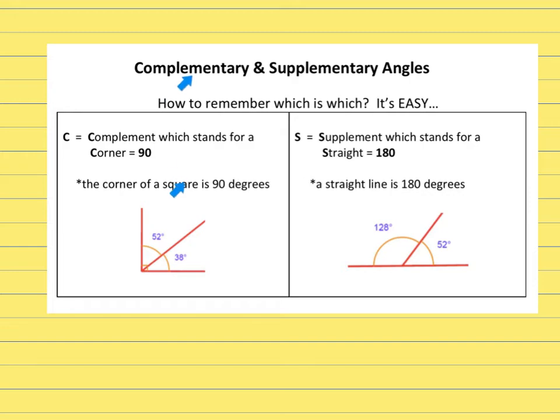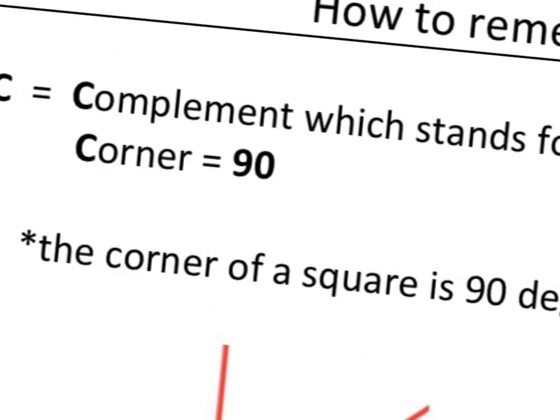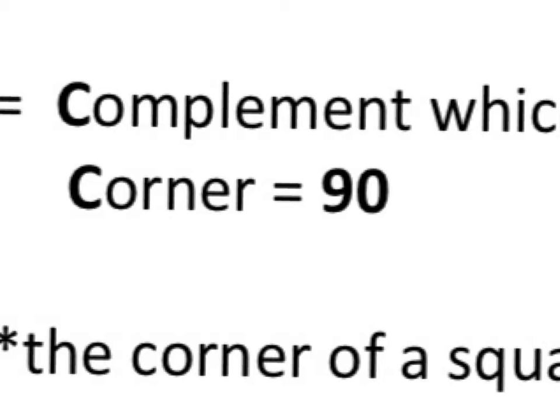If I zoom in really close, another thing that sometimes people do, I'm going to take my pen, if I trace over this letter C, and then I look at part of the number 9 for 90, I could put a C on that. So complementary has a C, 90, I could form a C in the number 90.